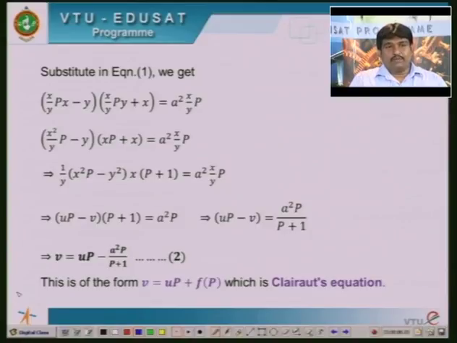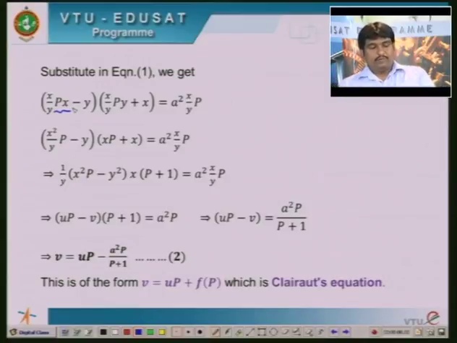Now, it is x by y into p x, this is small p, x by y into p y plus x equals a square into x by y into p. Simplify this. x by y into px is x square p by y minus y. Cancel y here to get xp plus x equals a square into x by y into p.